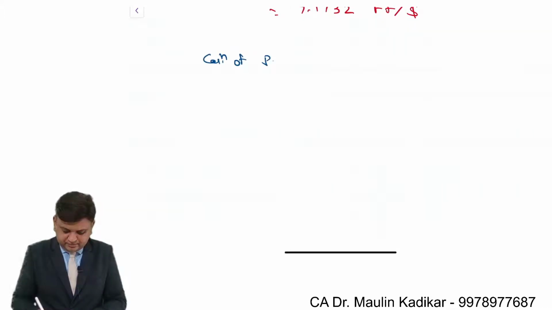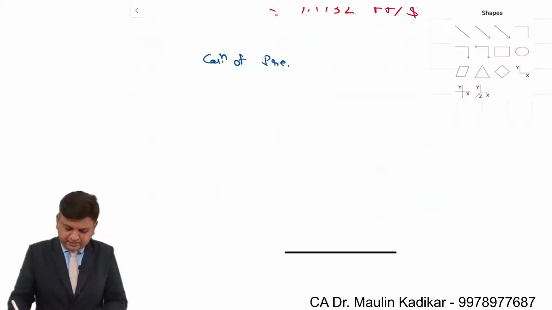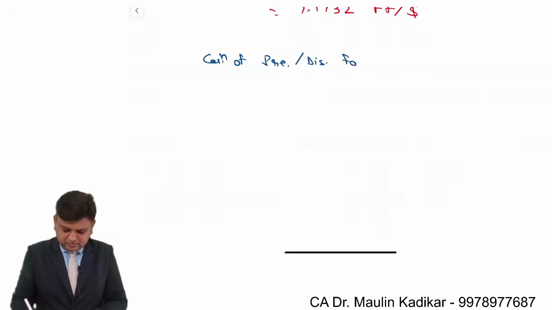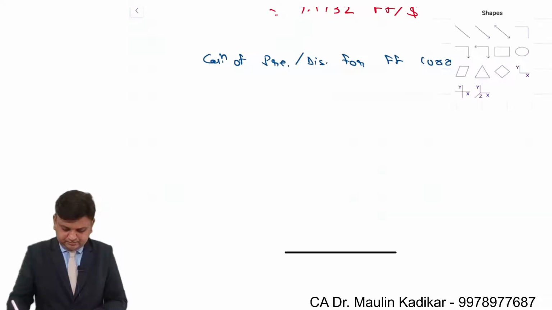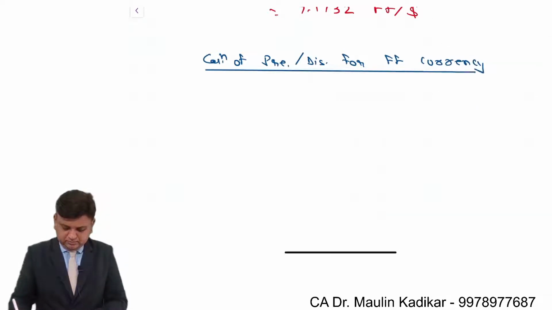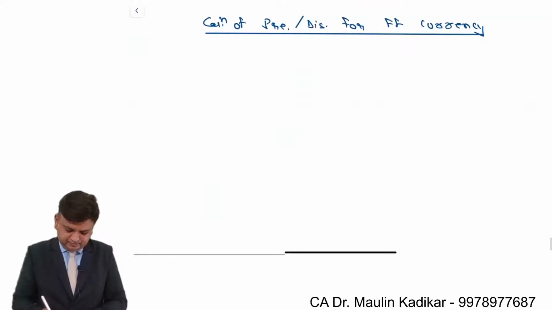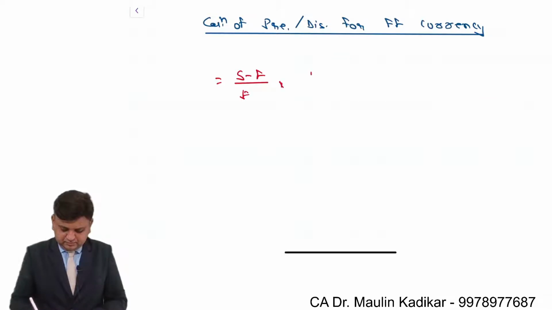Calculation of premium slash discount for French franc currency. In that, spot minus forward upon forward into 12 divided by n into 100.